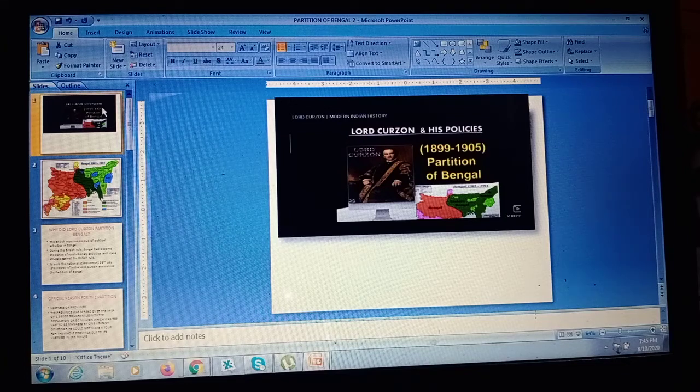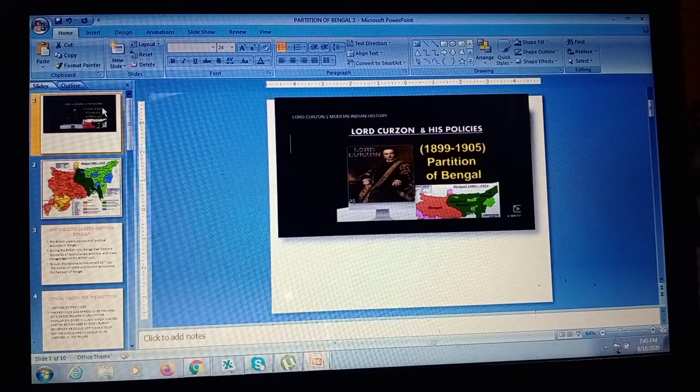Today we call it a state, then we used to call it a province. So then Bengal comprised the whole of Bengal, plus what we today call Bihar and Orissa. So you can imagine how huge Bengal would have been then.